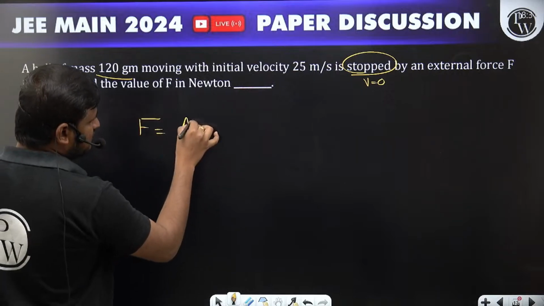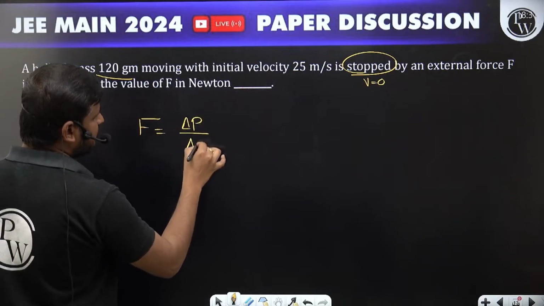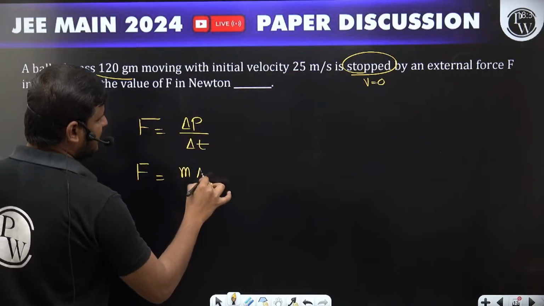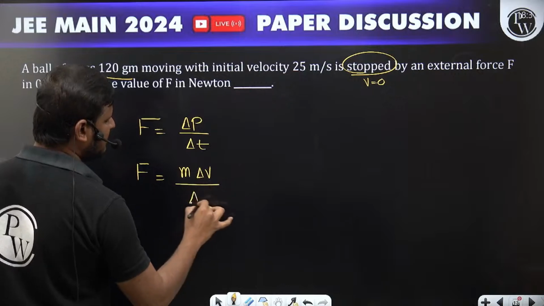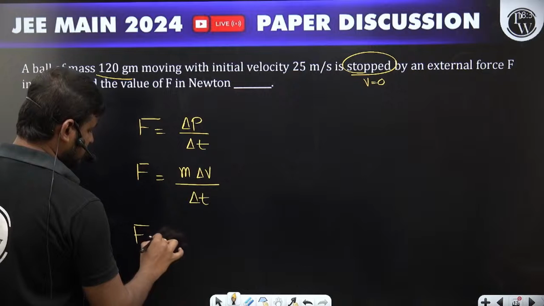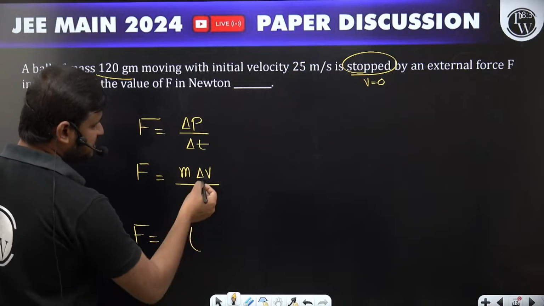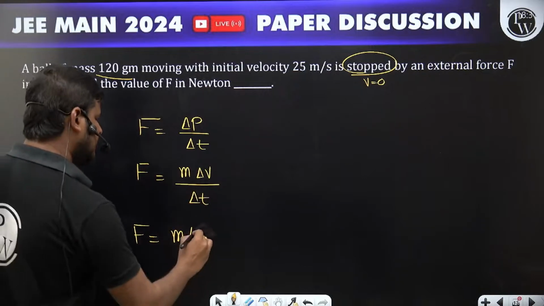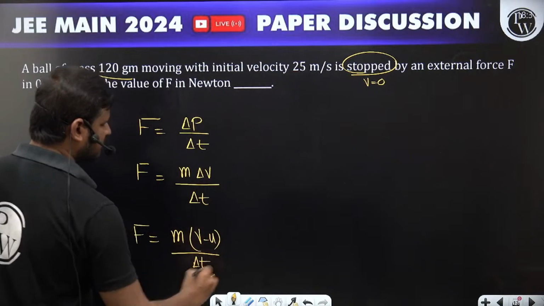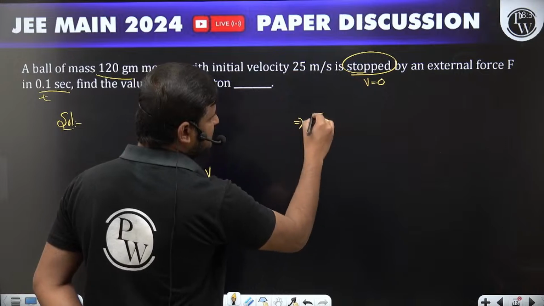So F is equal to delta P by delta T. Force is equal to, in place of delta P, I can write M delta V by delta T. Now F is equal to M into the change in velocity, final minus initial, by delta T. Then I need to calculate this force.